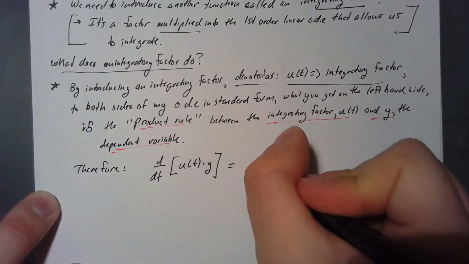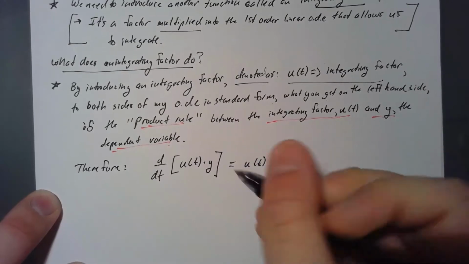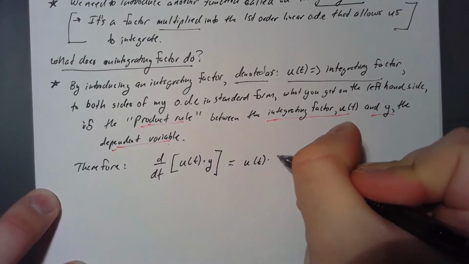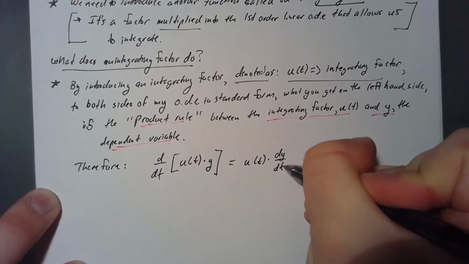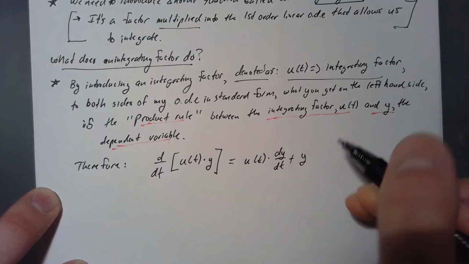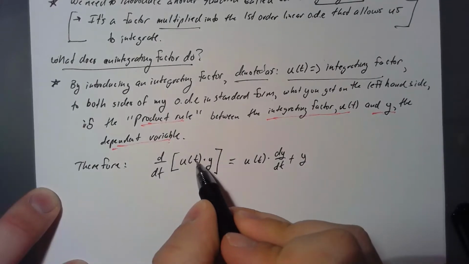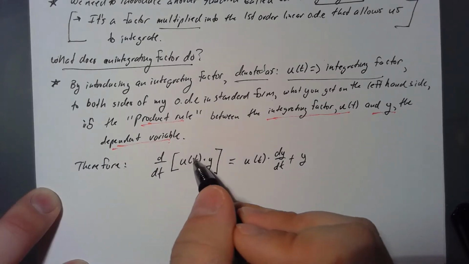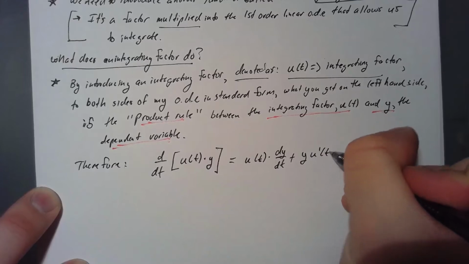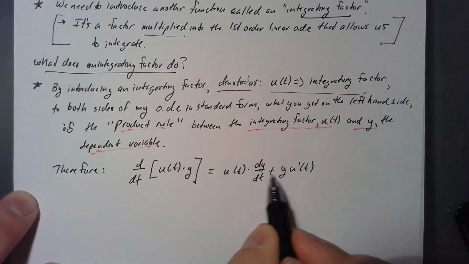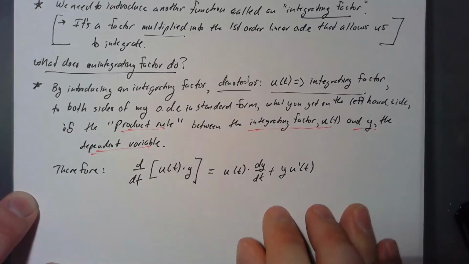So high times d low, which is dy dt, plus low d high. Well, the derivative of u of t, which is a function of t, with respect to t, is just u prime of t.